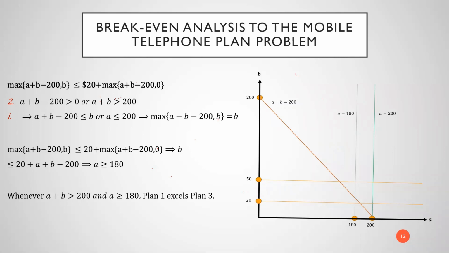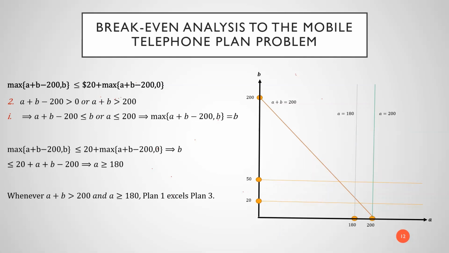I'm willing to find the maximum of two numbers. The first one is A plus B minus 200, and the second one is B. Do I know the relationship between these two? Do I know which one is greater than the other one? No, I don't know. So I have to define some subsections here, subplans, subregions.